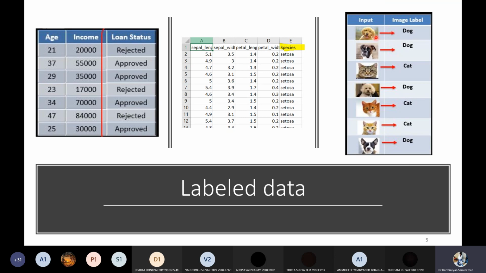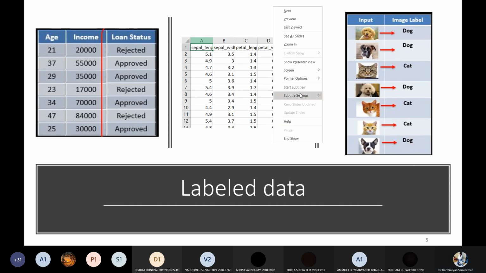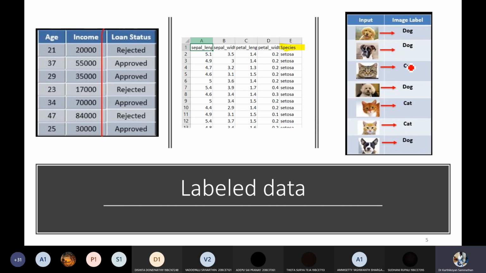Whereas you can see this dog image is loaded. This image has a label called dog. Now if I want to do classification or clustering, I want to group how many dogs there are in this labeled image data set. Then you can count: 1, 2, 3, 4. Suppose here there are no labels, then what will we do?